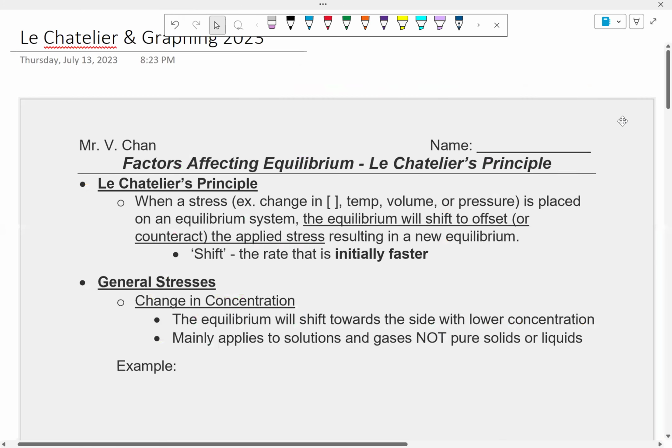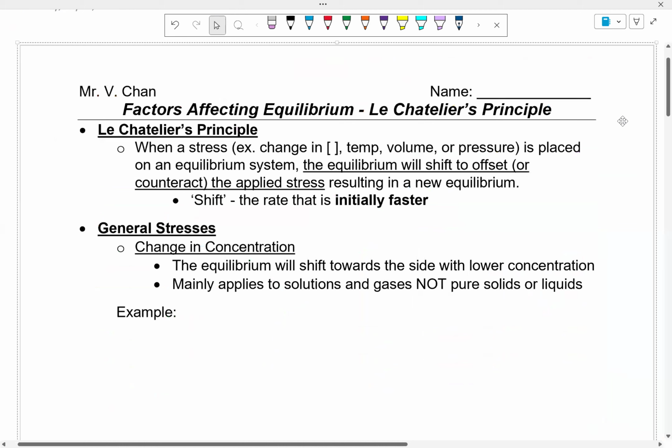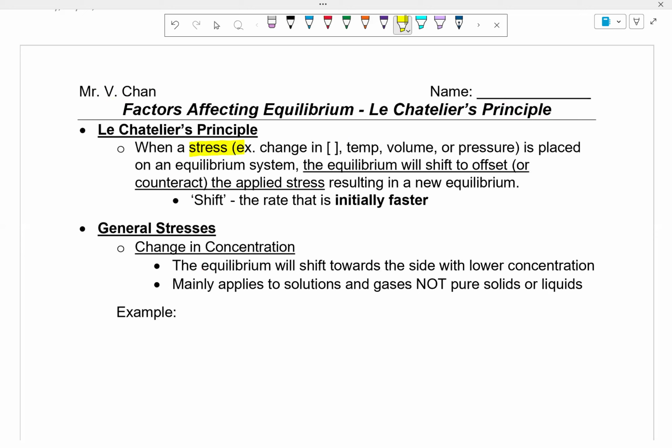Now, for Le Chatelier's principle, it basically says this: when there is a stress, a change in concentration, temperature, volume, or pressure, placed on an equilibrium system, the equilibrium will shift or offset or counteract the applied stress, resulting in a new equilibrium.